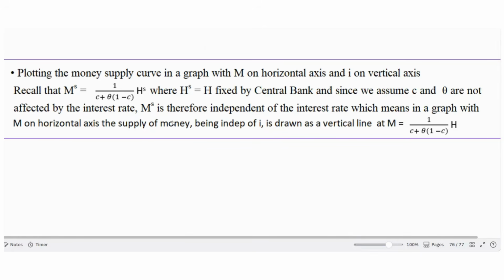This means that in a graph with M on the horizontal axis and i on the vertical axis, the supply of money is drawn as a vertical line at M equal to 1/(C+θ(1−C)) times H^S.